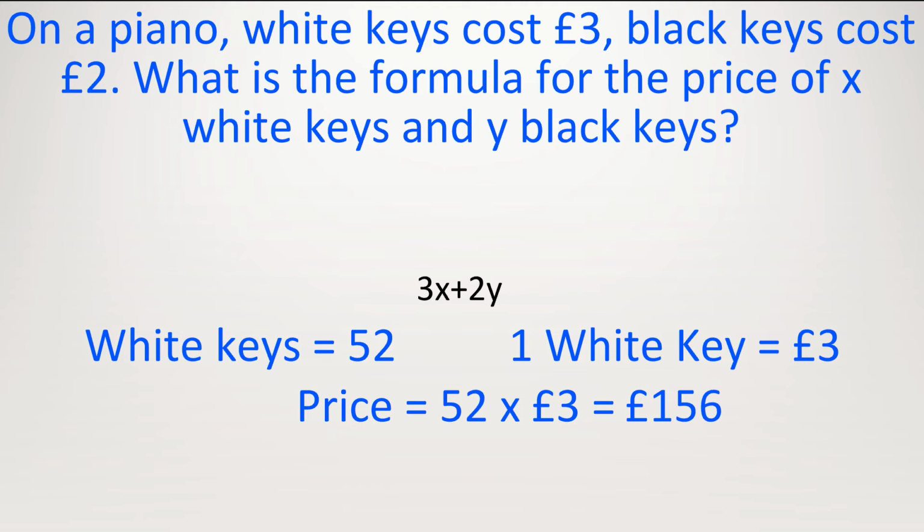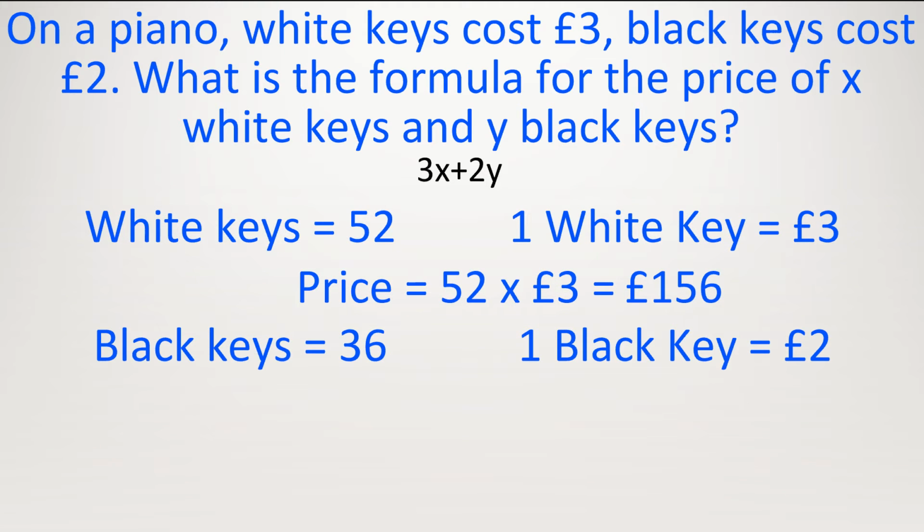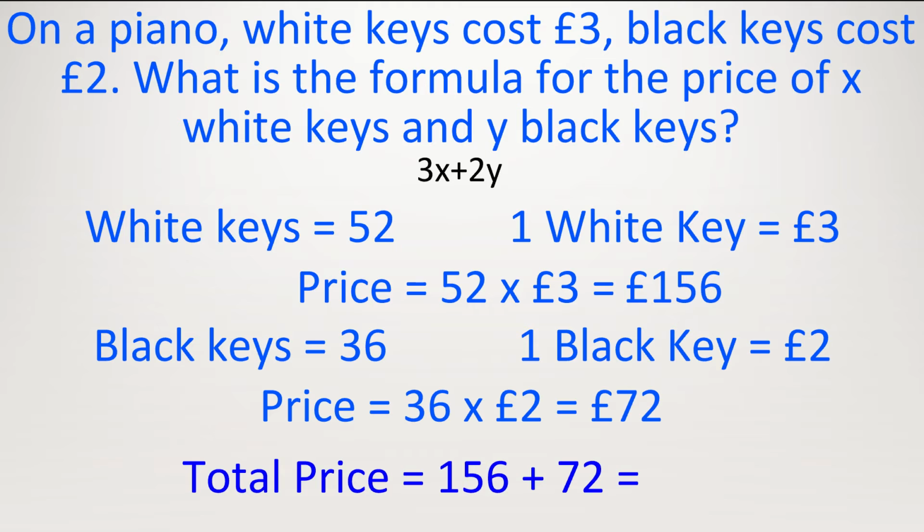Black keys cost £2, but there are 36 of them. What does this equal? I'll give you 5 seconds. 72. So the total cost for the keys on a piano, 156 plus 72 equals what? Another 5 seconds.